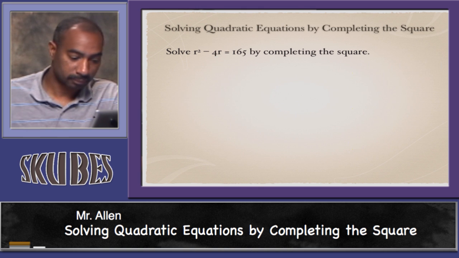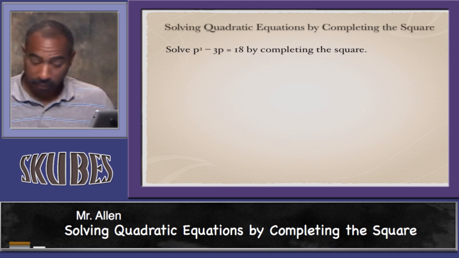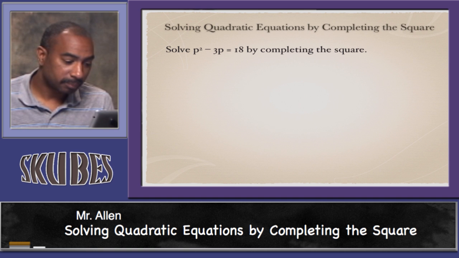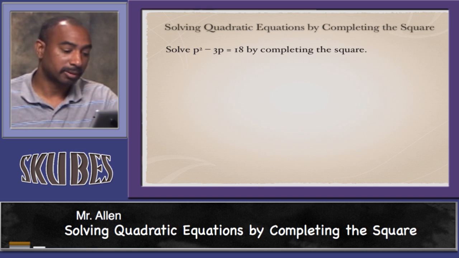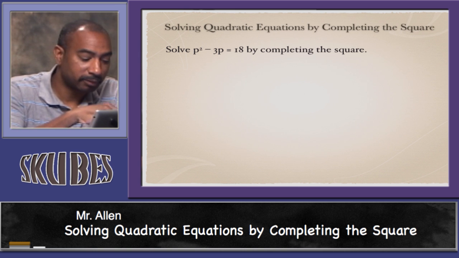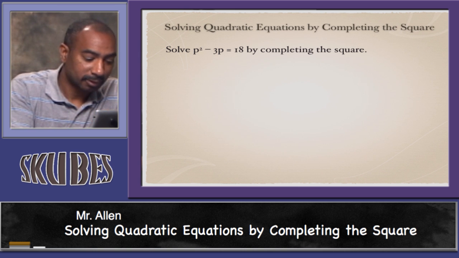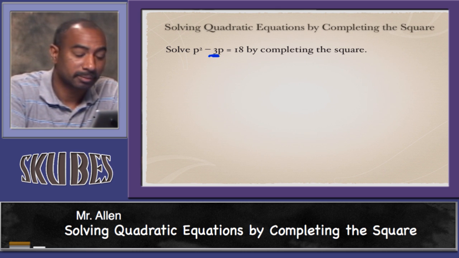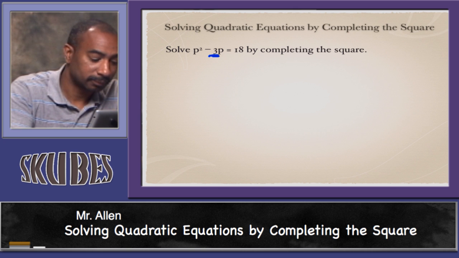Okay, solve p squared minus 3p equals 18 by completing the square. Well, like I showed you in the previous example about an odd linear coefficient, it's going to leave us with a fraction, but you can still solve equations like that. So my linear coefficient here is negative 3, and I divide it by 2.